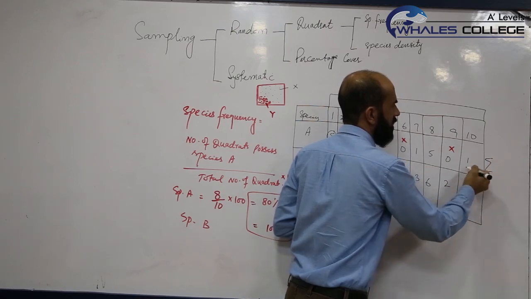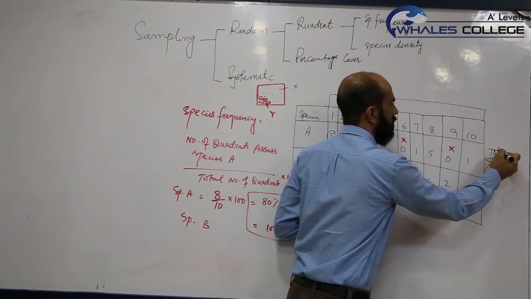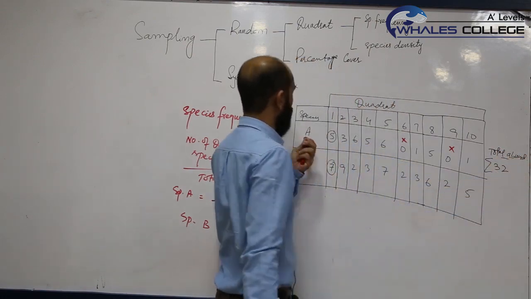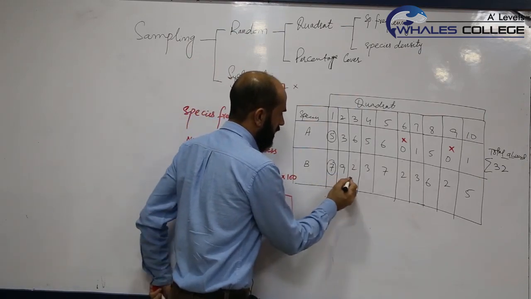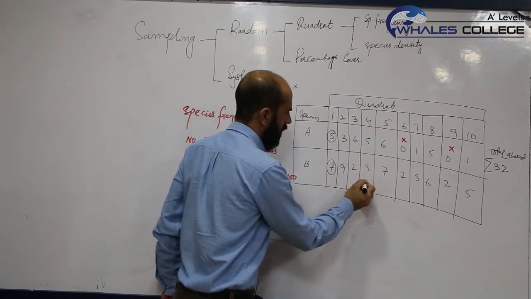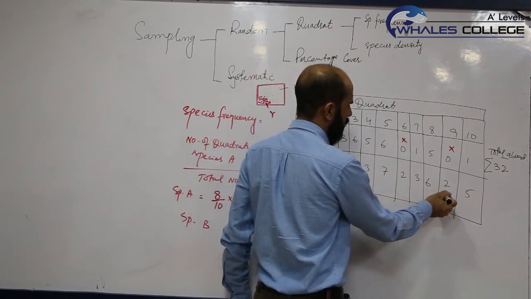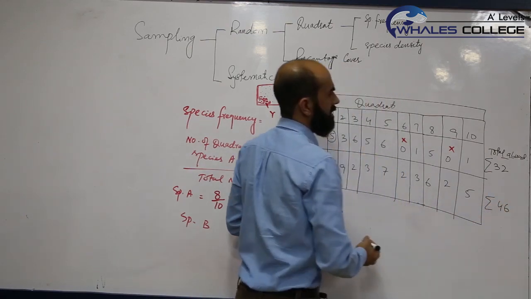So the summation here is 32, which is the total abundance of species A. And here 16, 18, 21, 28, 30, 33, 39, 41, and 46. So the summation is 46 here, the total abundance.